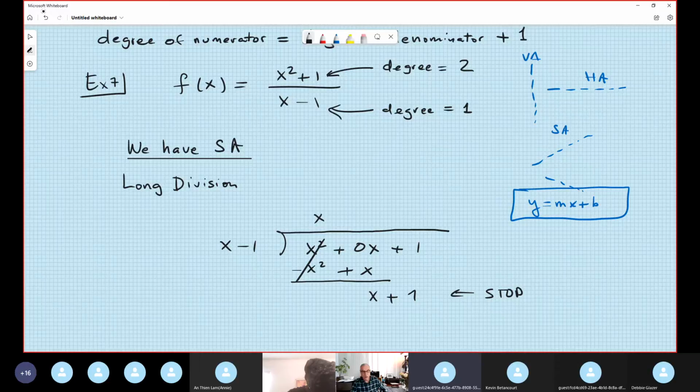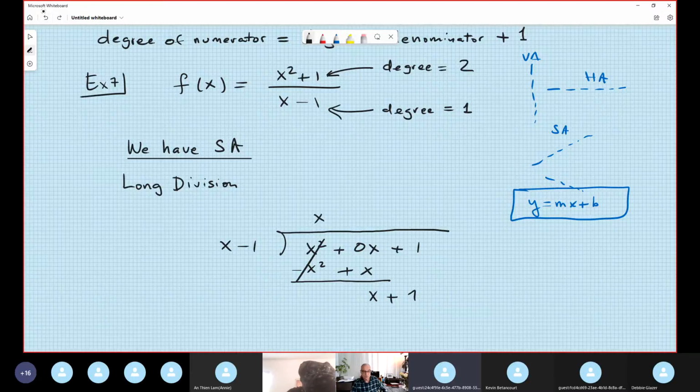No. Why not? You stop the division of the polynomial when the degree of the potential remainder is smaller than the degree of the divisor. The degree of the divisor is 1, and this is x plus 1, the same degree. Therefore, we cannot stop. We continue.